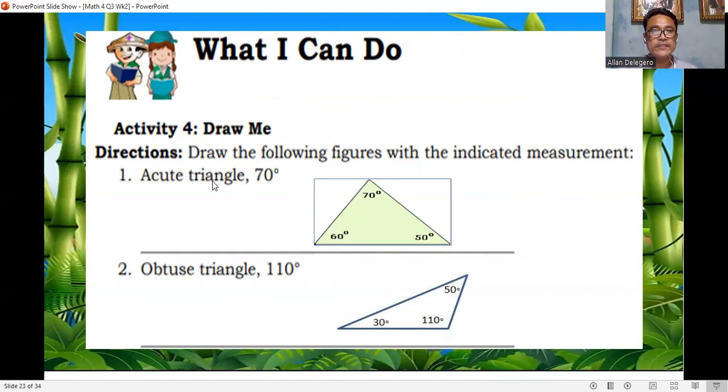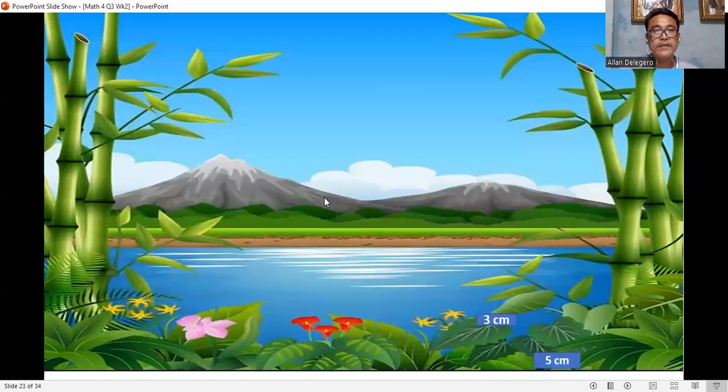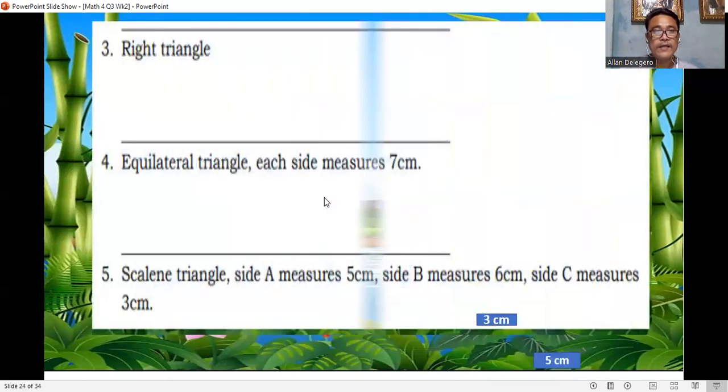Let's do activity 4. Draw me. Okay, number 3, right triangle. Number 4, equilateral triangle. And number 5, scalene triangle.